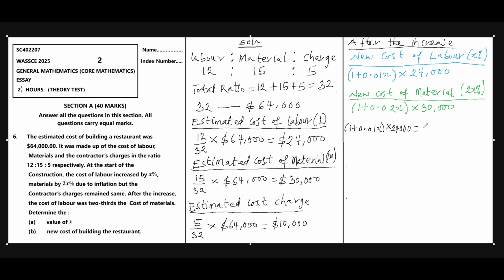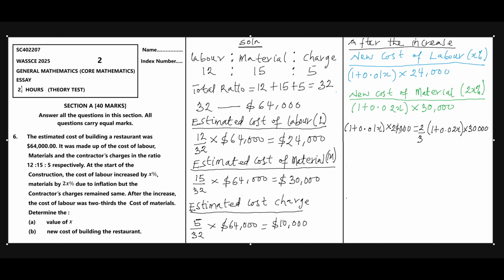This was two-thirds the cost of material, which is 1 plus 0.02x multiplying 30,000.